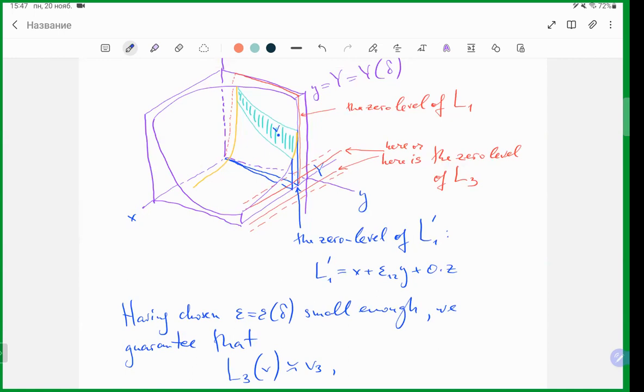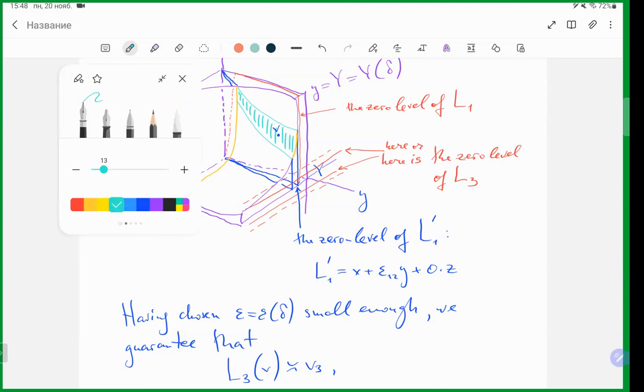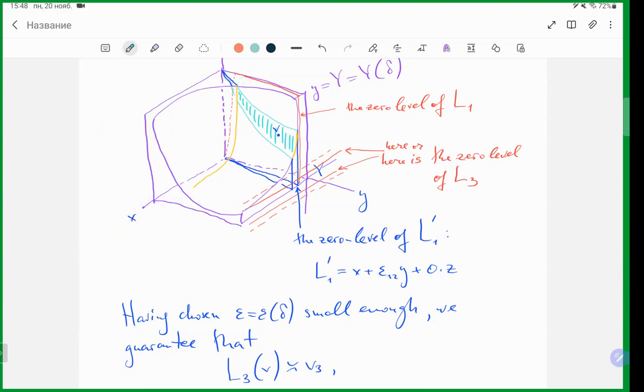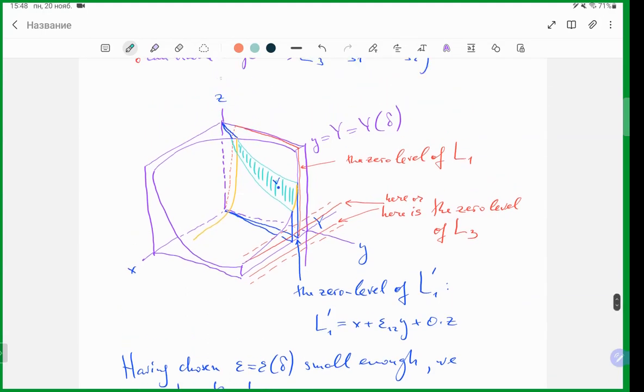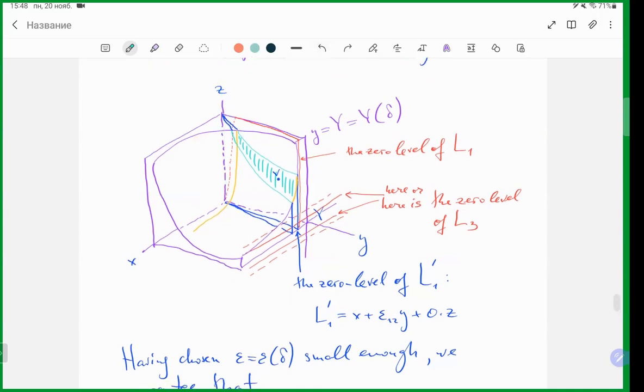So how did we obtain this red altered plane? The vertical blue ones, we called them sheets or pages, right? We call them pages like this. So these blue pages all pass through the vertical coordinate line.